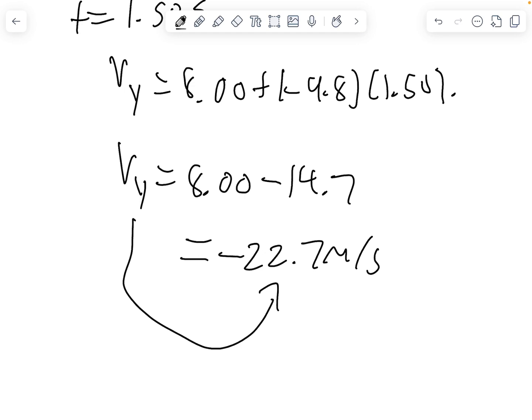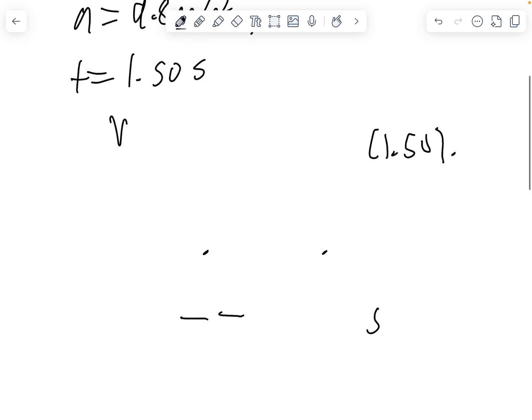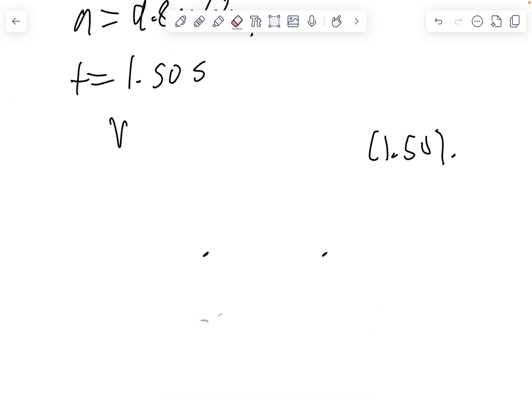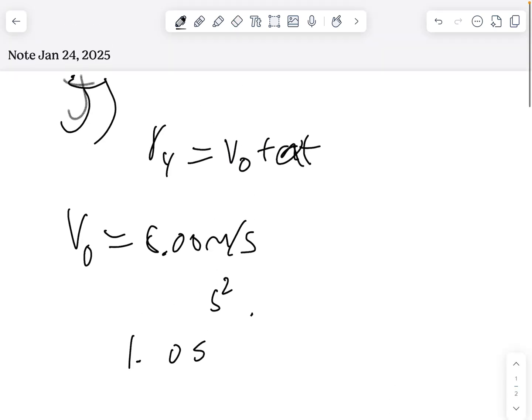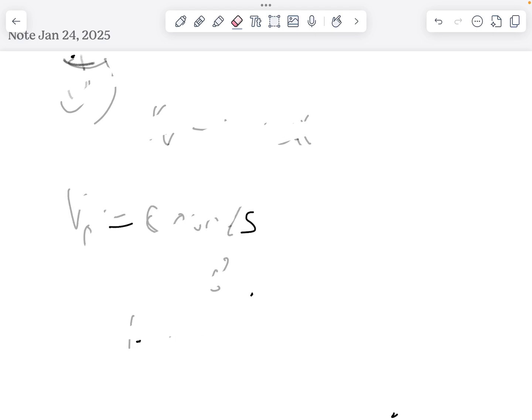Okay, moving on to part K. It simply is asking you to find the y component of velocity when the stone is 8 meters below your hand. So for this one, we're going to need the energy-based velocity equation. That one is a new one in the textbook, but it would be v_y squared equals initial velocity squared plus 2a times y minus y0.